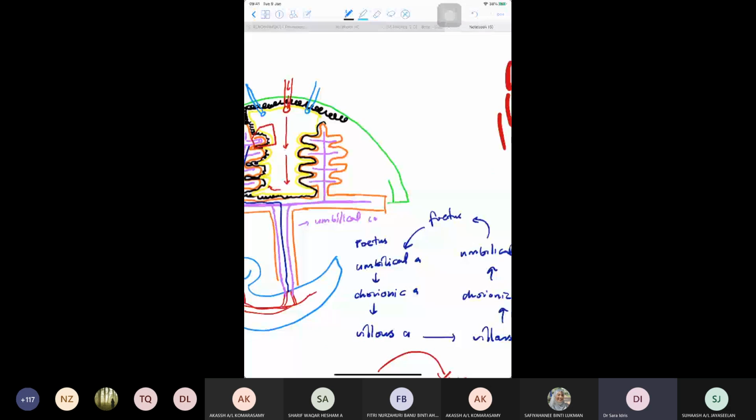So eventually, the cytotrophoblast and the, what do you call that, extra-embryonic mesoderm will disappear. All of this, the one in orange, will disappear from the villus, and you only have the endothelium as well as the syncytial trophoblast covering the villus.